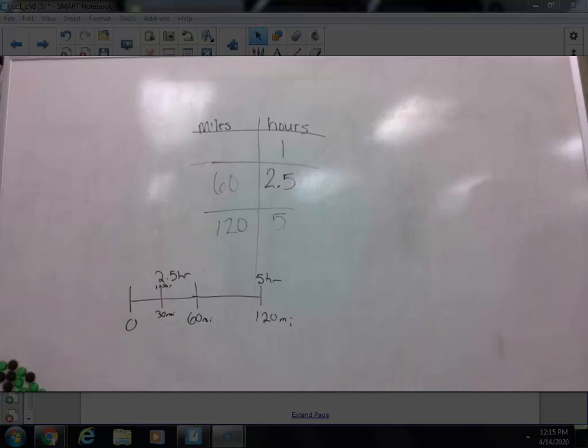But we want to think about what did we do there. We all know how to divide this by 2 and divide this by 2, right? Okay, to get us closer to where we need to be. So in our table here, what else could you be doing?